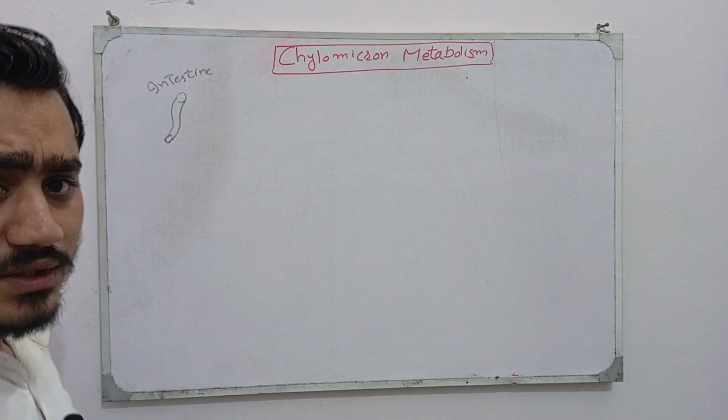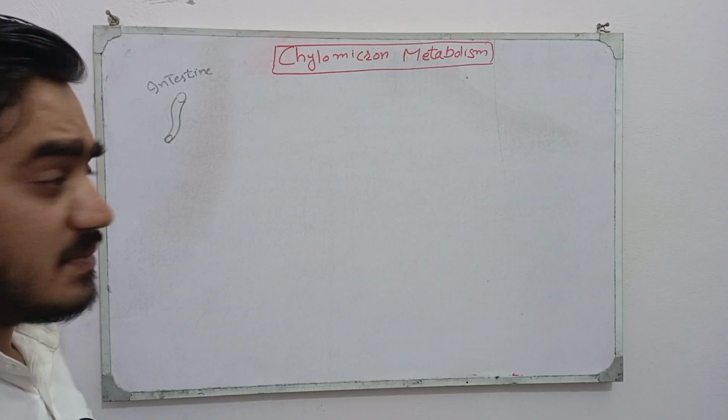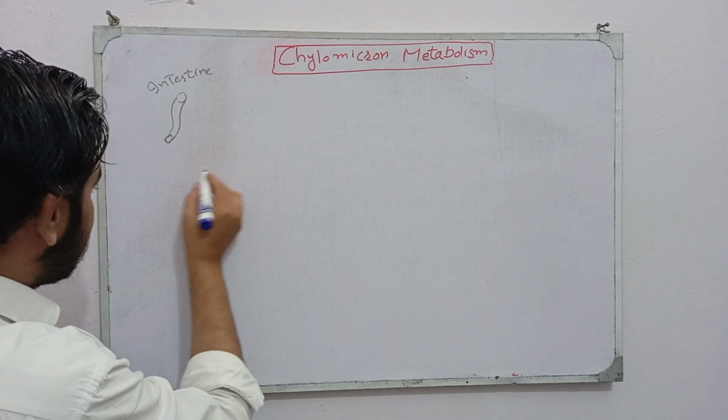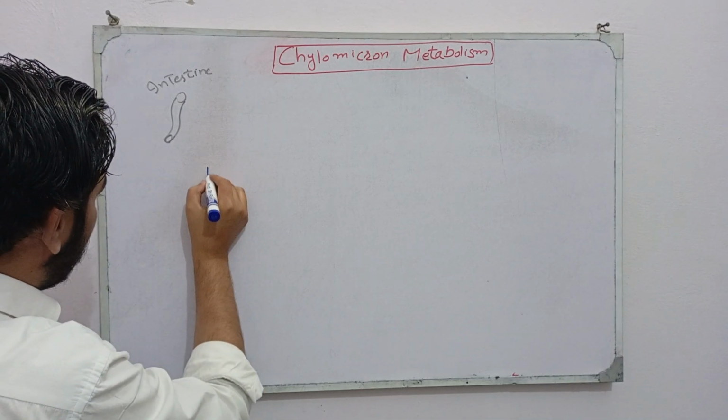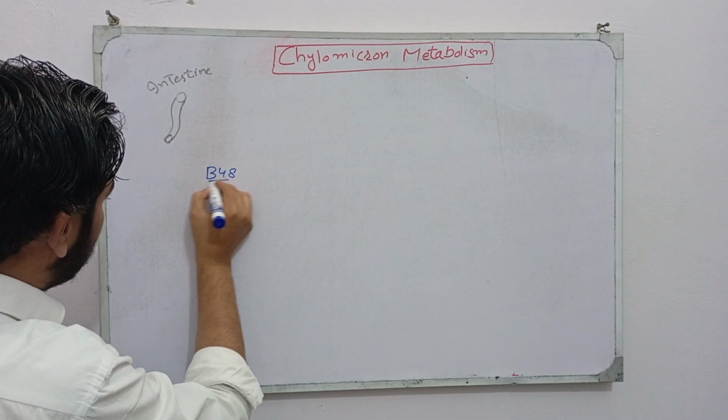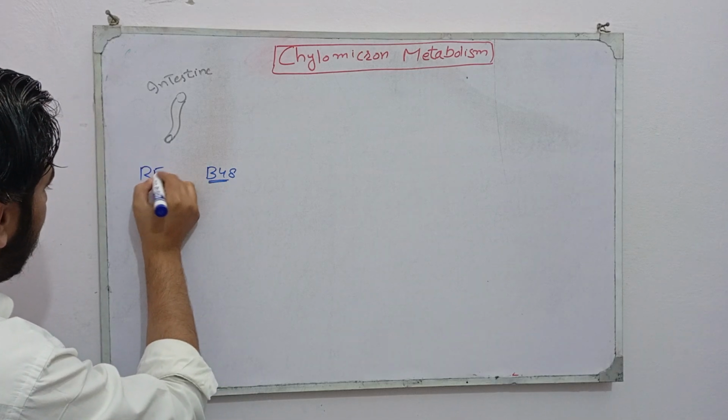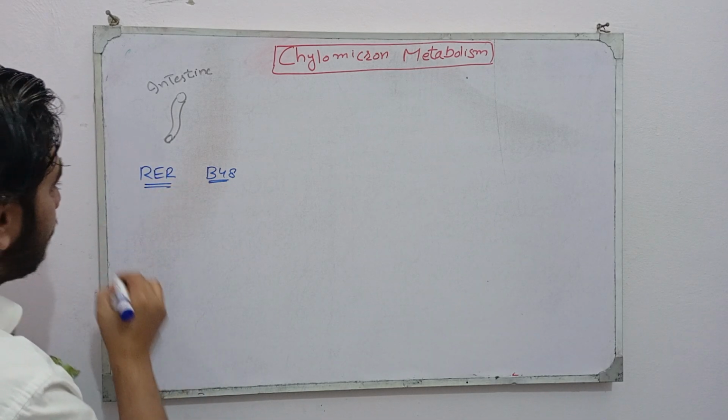Basically, how does the synthesis of chylomicron take place? There is synthesis of Apo CIII protein in rough endoplasmic reticulum.